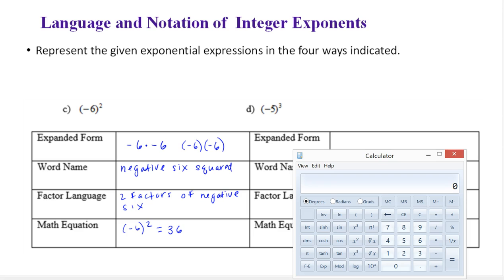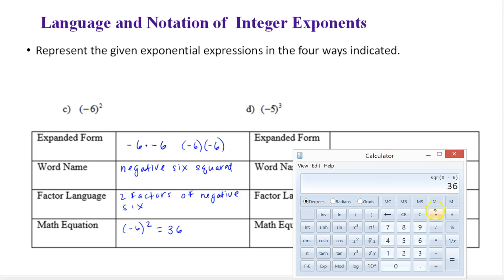Now I just want you to see how you have to be careful about this on the calculator. Okay, so if you put the -6, the calculator is thinking of it as 0 minus 6. And then square it, notice you get positive 36.